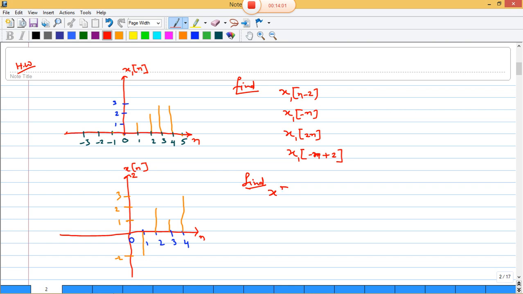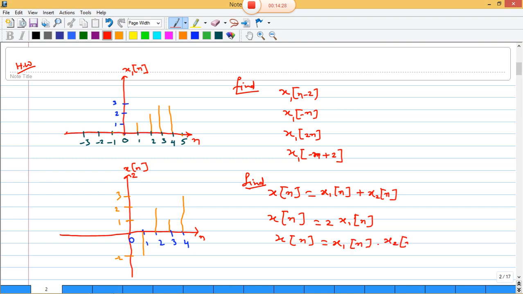Find expression xn is equals to x1n plus x2n. Just find out the expression here 2 of x1n. Just find out the expression xn is equals to x1n into x2n. Okay, so just try to solve these two questions, question 1 and question 2.